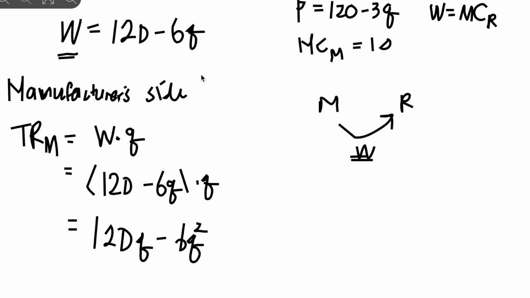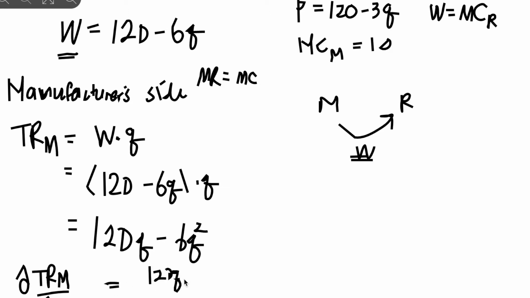So what we want to do is set the marginal revenue equal to marginal cost, right? So we're doing the same step one more time. Now we want to take the partial derivative of the total revenue for the manufacturer with respect to the quantity, Q, right?